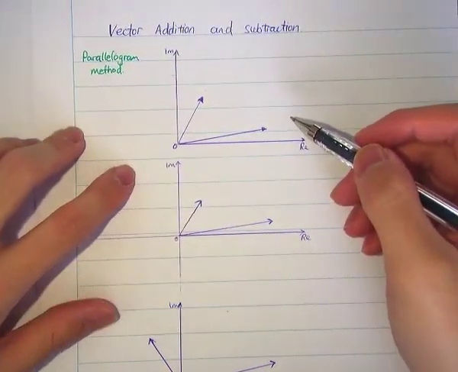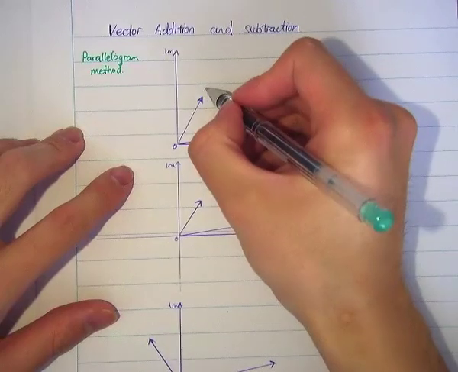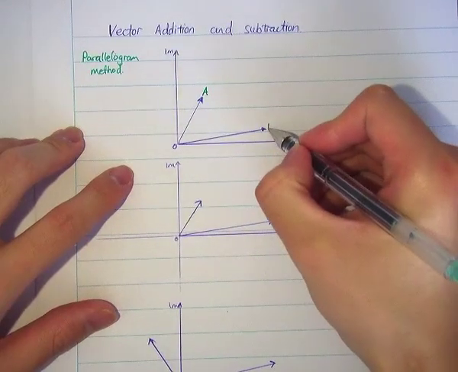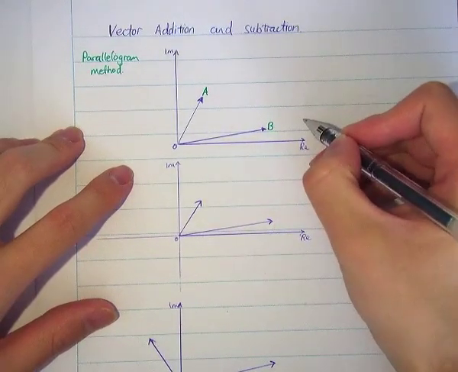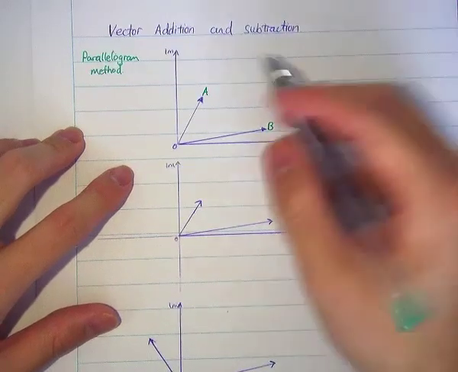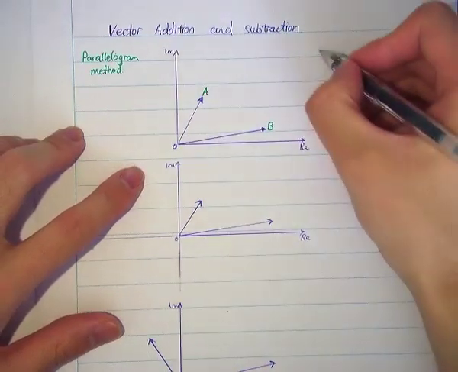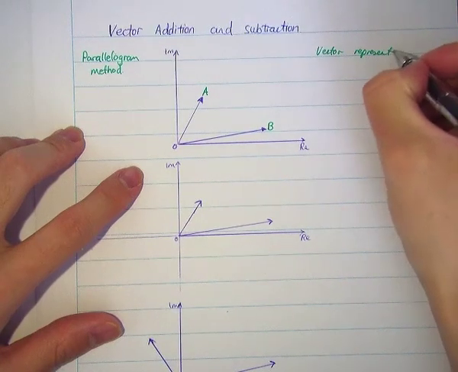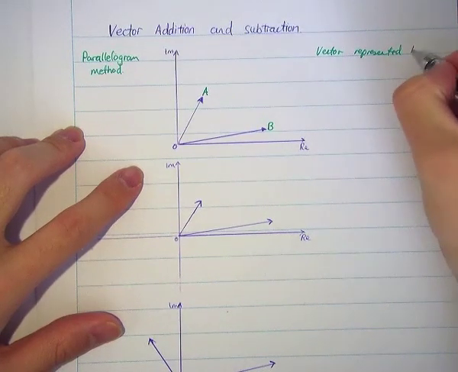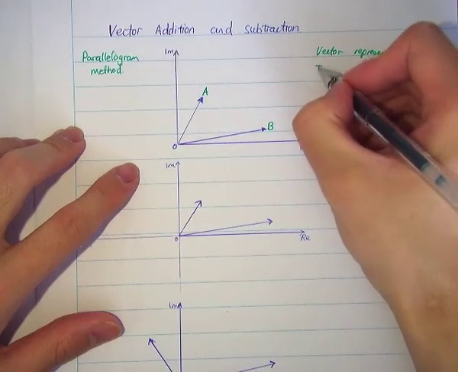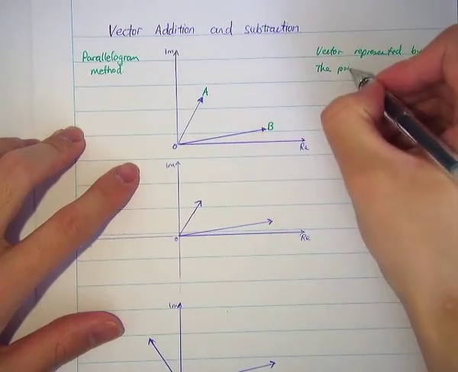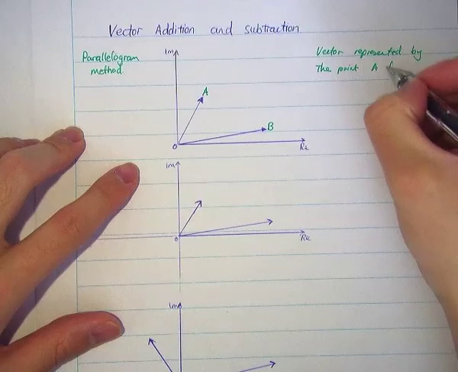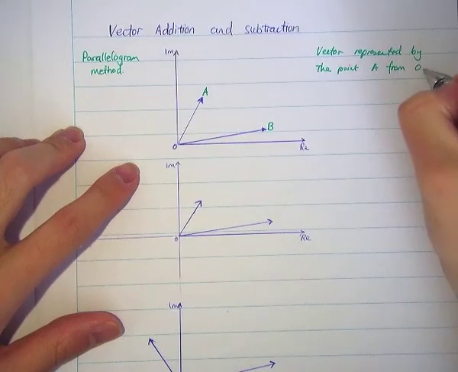Now, the most important thing to start off with is to understand how exams will actually describe vectors to you. So the exam would say that the vector represented by the point A from the origin.